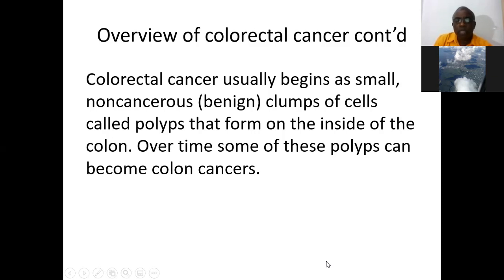So if you were living in a developed country where they do regular screening for colon cancer, they would put a tube up through the rectum and they could view all of the colon and identify the area where you have a polyp. And they could remove the polyp. And when they are removed, the chance of cancer is cancelled for that person.